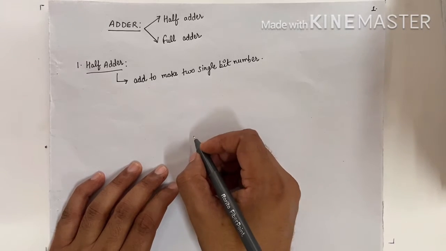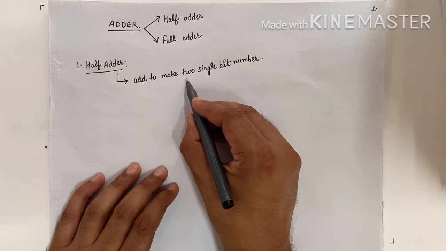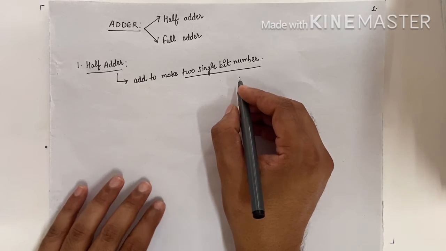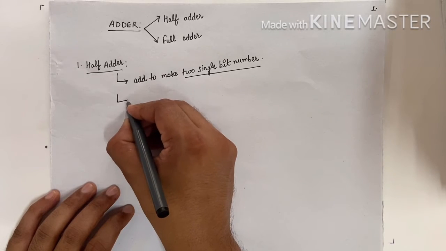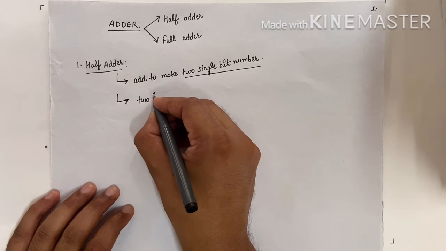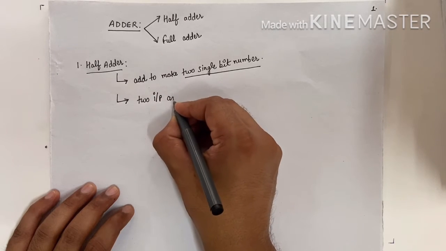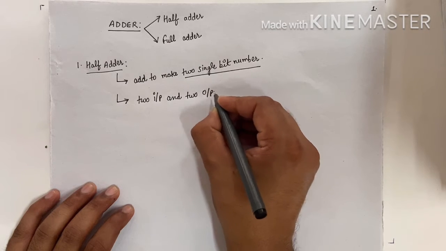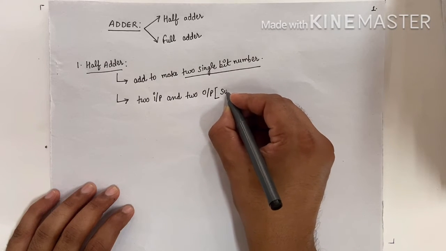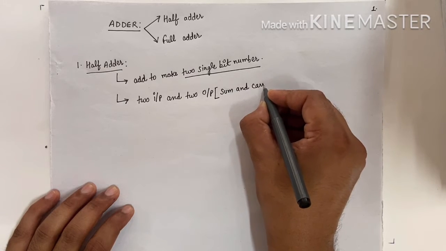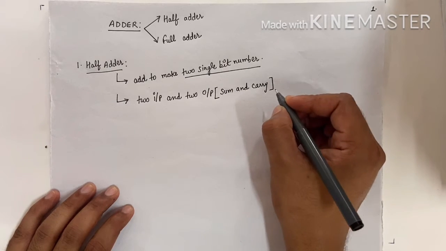So in the half adder we have to add two single bit numbers. In this half adder there are two inputs and two outputs. Outputs are sum and carry. So this is the definition of half adder.